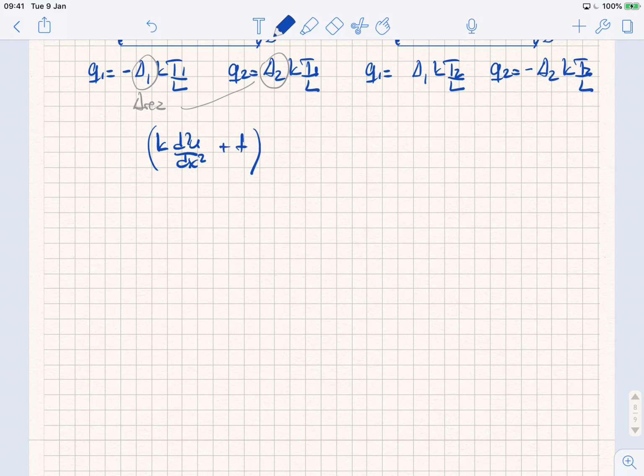Multiply with the weight function. And then we do what? Integrate over my domain. And set it equal to 0. And this has to be valid for all the values of the weight function that are members of the energy space. Okay, nice.